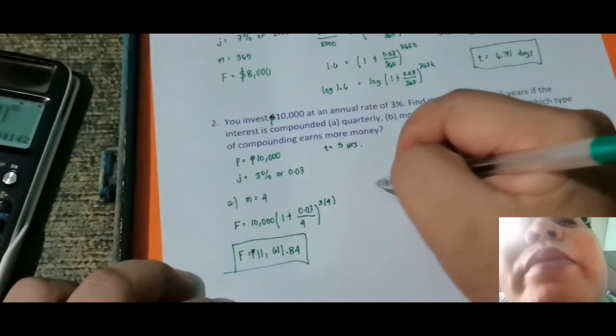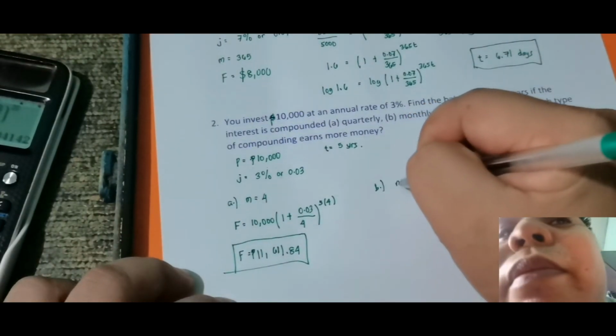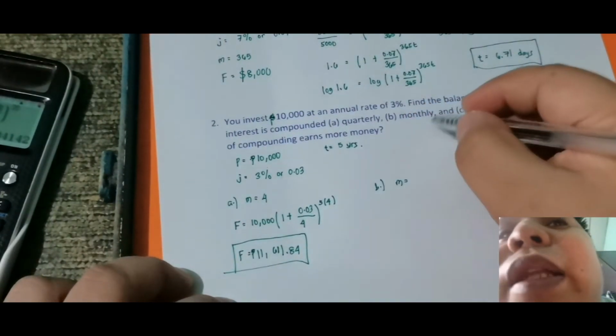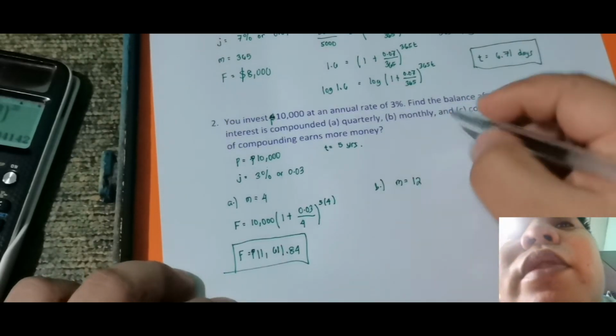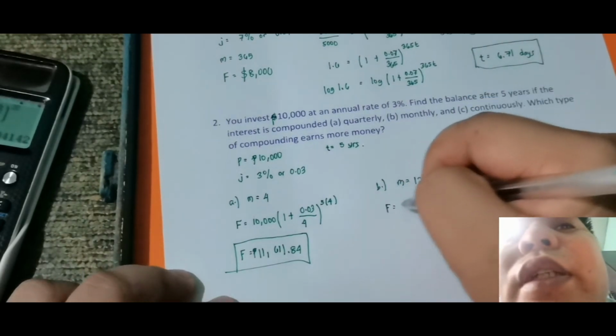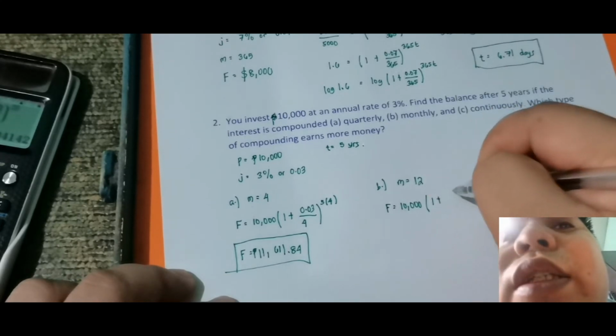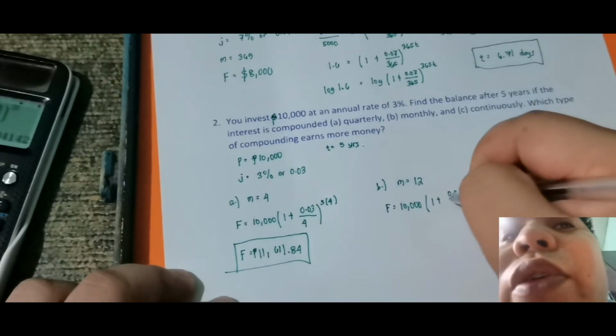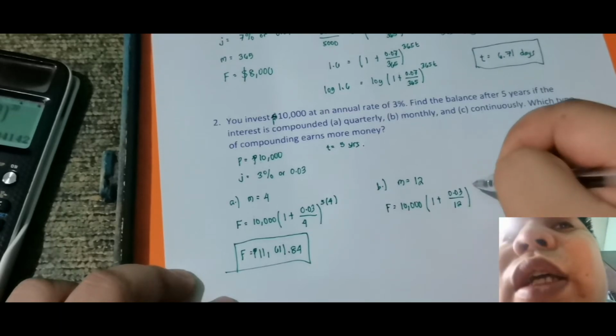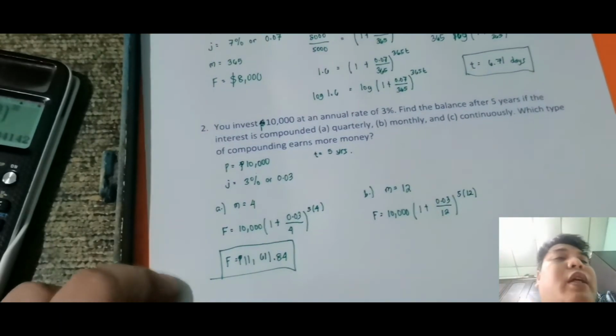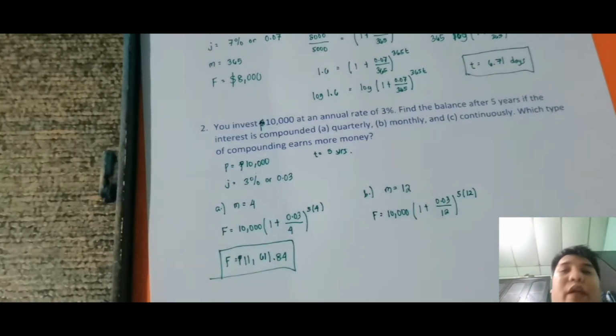Okay, now, letter B, we have M is equal to monthly. So, this is just 12. So, this is F is equal to 10,000 times 1 plus 0.03 over 12 times 5 times 12 pa rin. So, bakit 5? Kasi 5 years siya. Okay, so check natin.